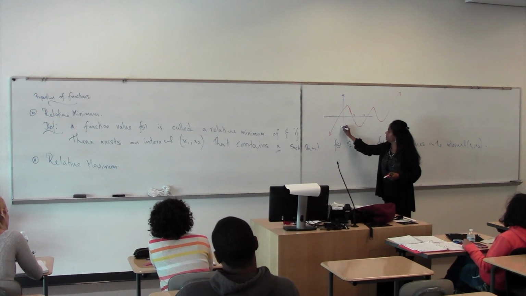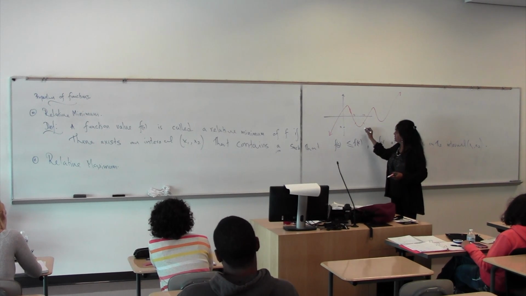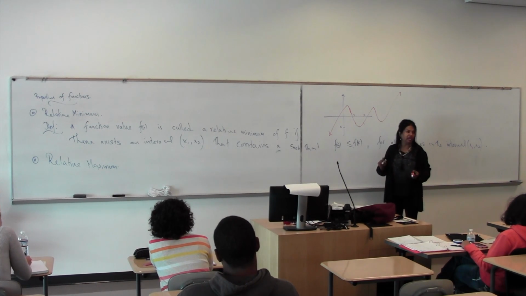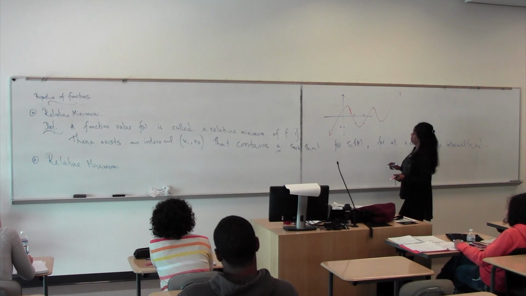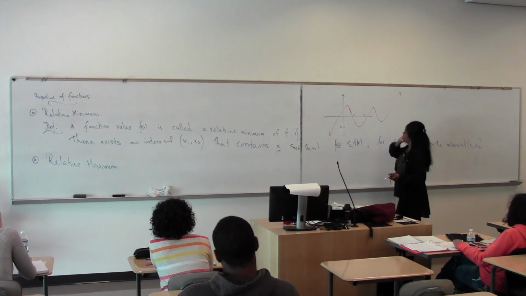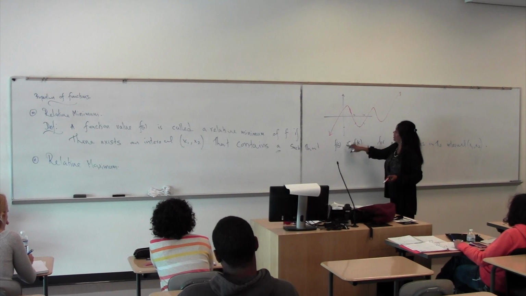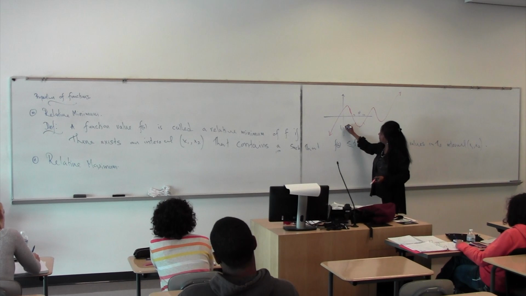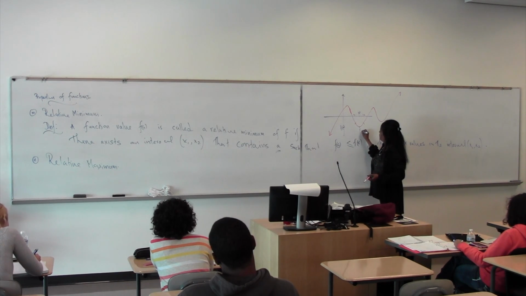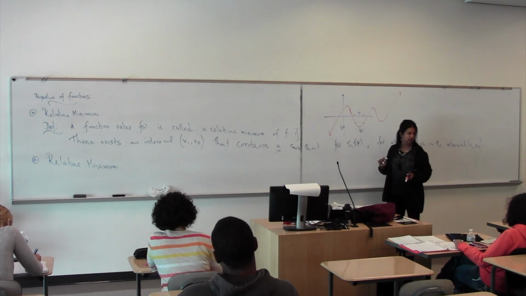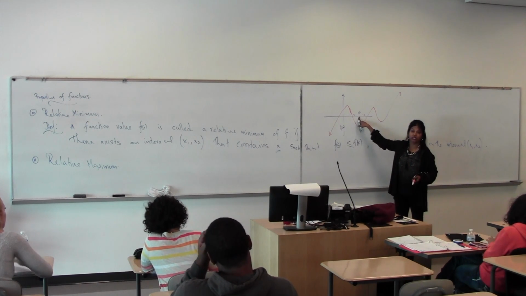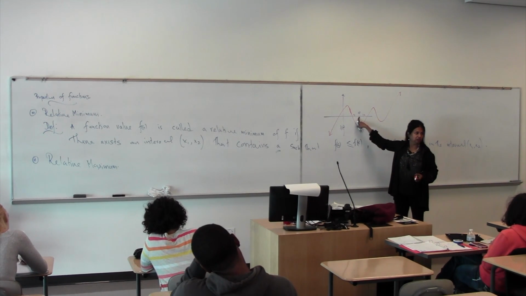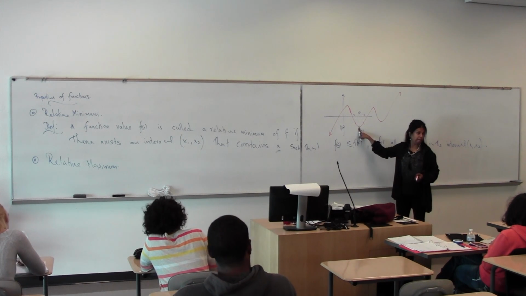A is this number. This is a, the y value. And that y value is called the relative minimum. Oh, I'm sorry. A is here, and this is f of a. You see that? There is a here, and this is f of a.